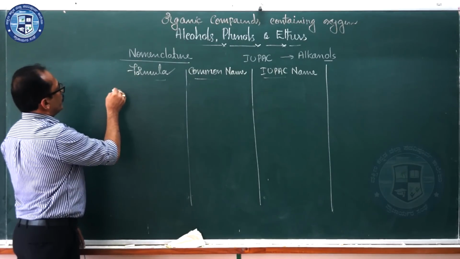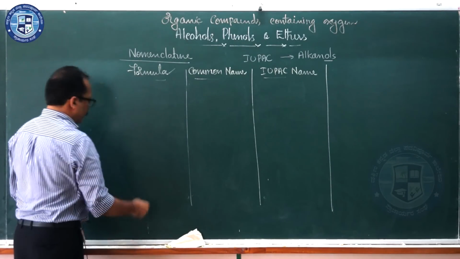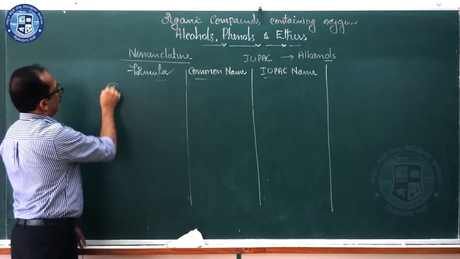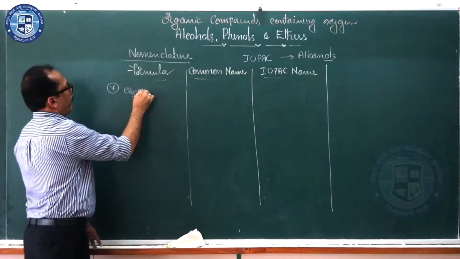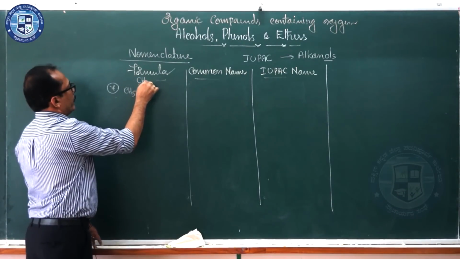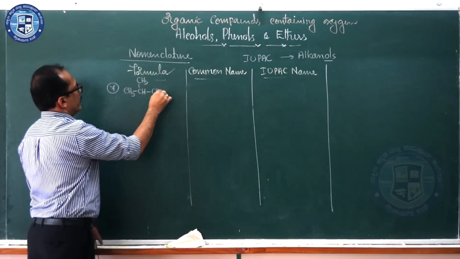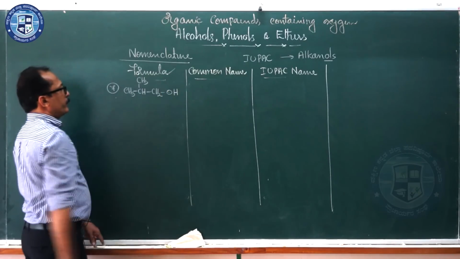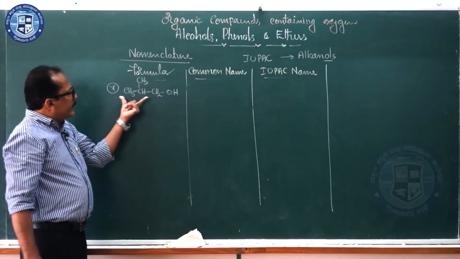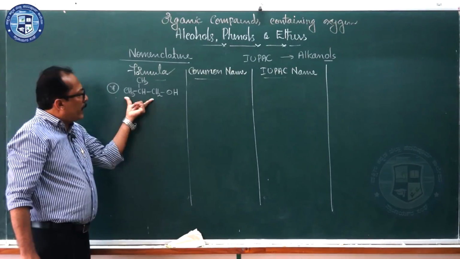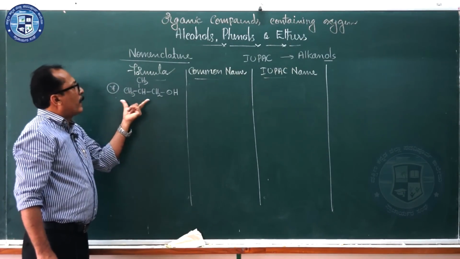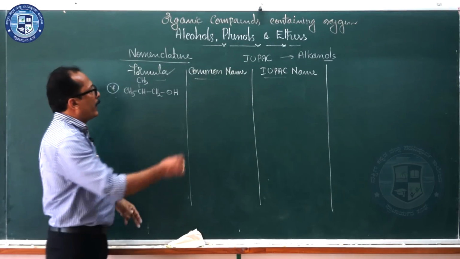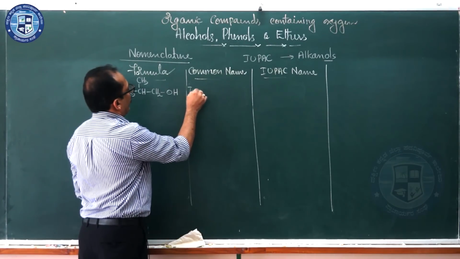So next compound, CH3, CH, CH3, CH2OH. This group is called the isobutyl group. So the common name for this compound is isobutyl alcohol.